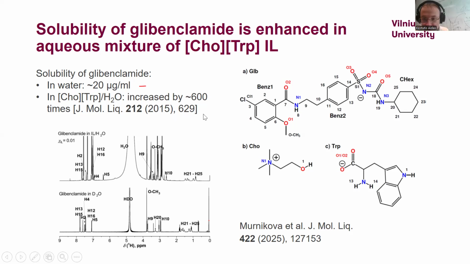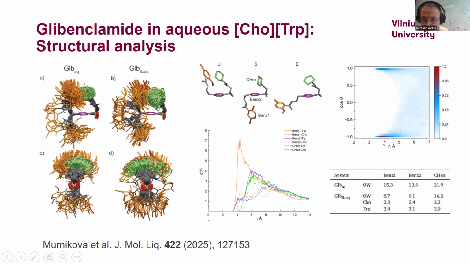So in particular, we have this flat benzene ring over here, and we have this pi-electron system here, and they somehow form a pi stacking interaction. So here we have this figure. What we have done is perform a statistical analysis of the distribution of the angle between the planes of the benzene ring of glibenclamide and the benzene ring of tryptophanate, taking the cosine of that angle, and how it is distributed with the distance between the centers of mass of these rings.